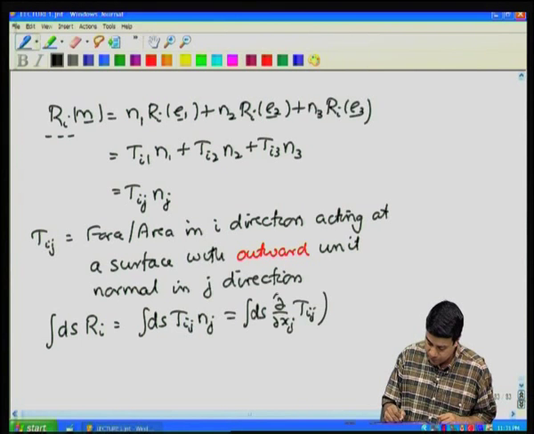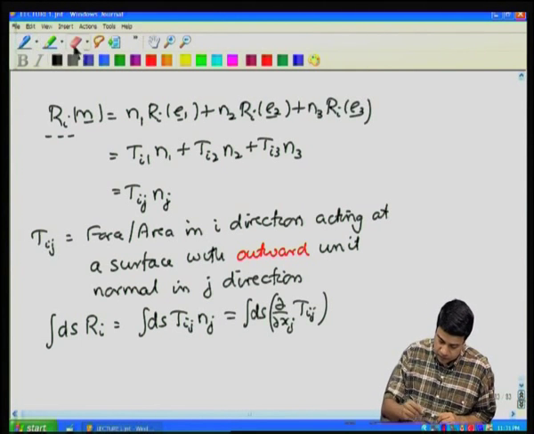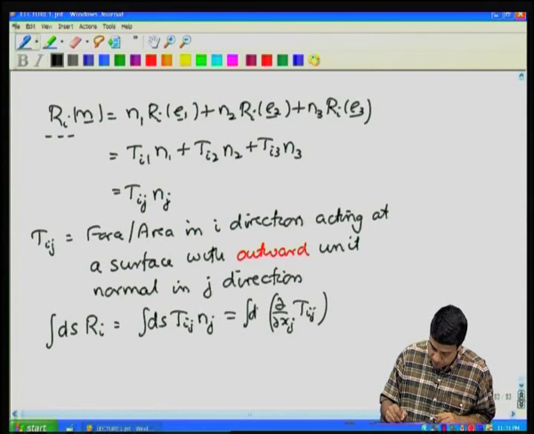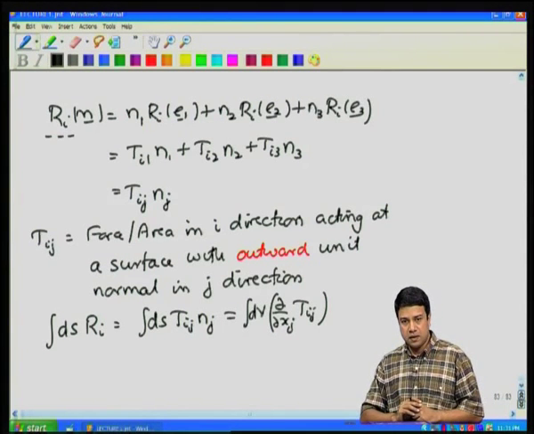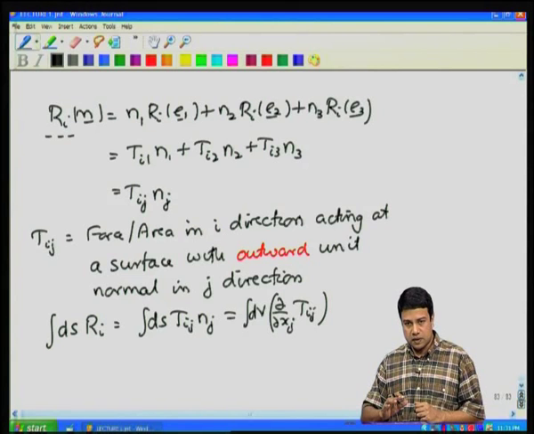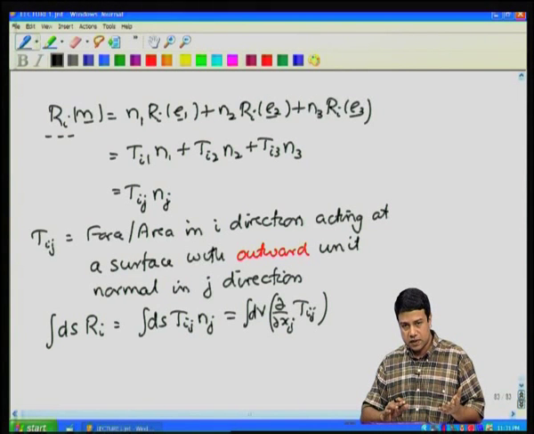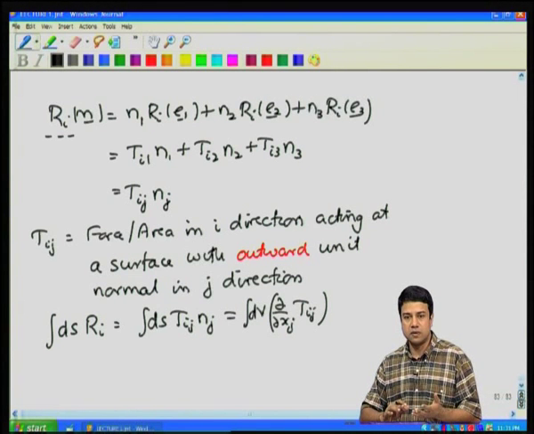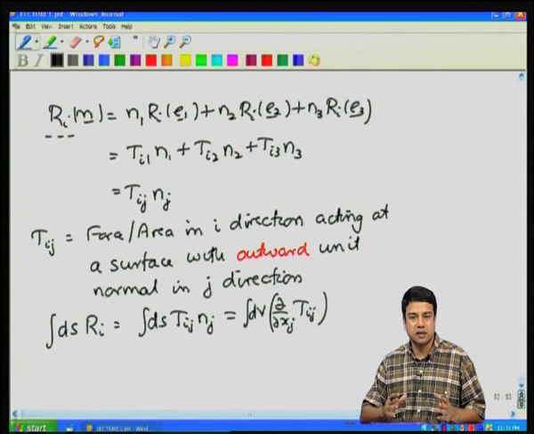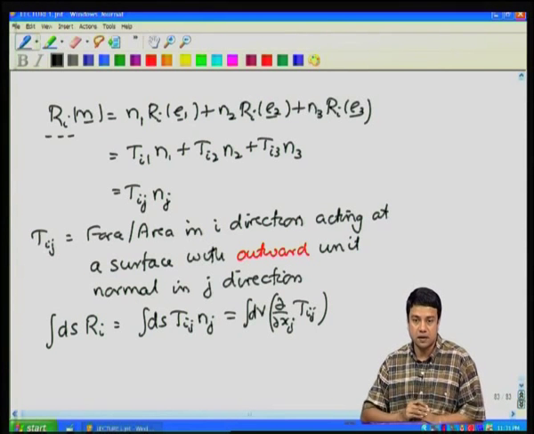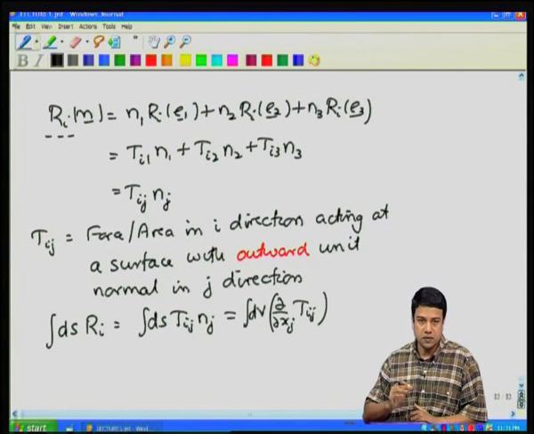Okay. I am sorry, this is the volume. And if I can reduce it to a volume integral, all the other terms in the conservation equation also decrease proportional to the volume, and therefore, the balance, the dimensionality of the entire equation is maintained. Okay. So, this gives me an expression for the surface force.